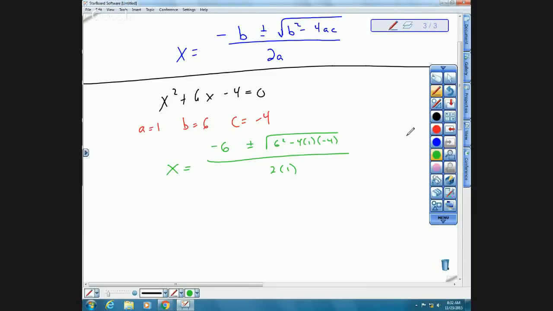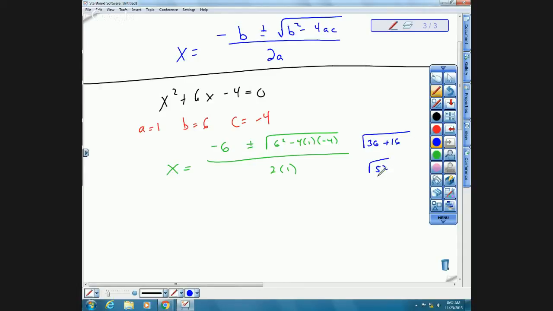So what I do is try to focus on one part at a time. So I pull the square root over and work it out. So 6 squared is 36. Negative 4 times 1 times negative 4 is positive 16. So when you add those up, you get the square root of 52.